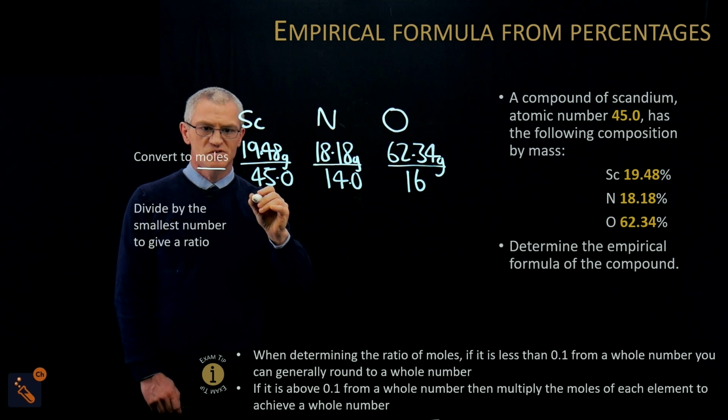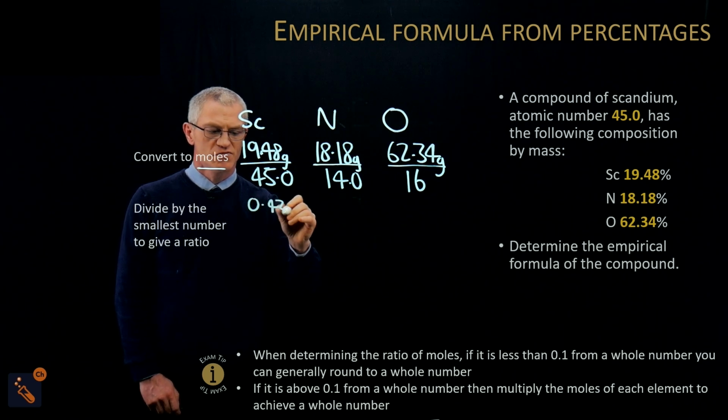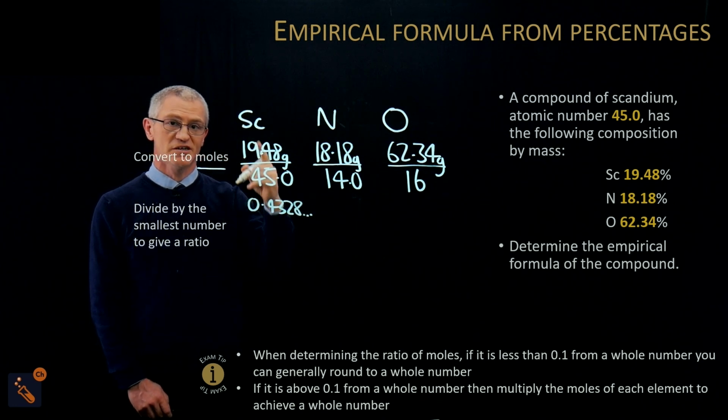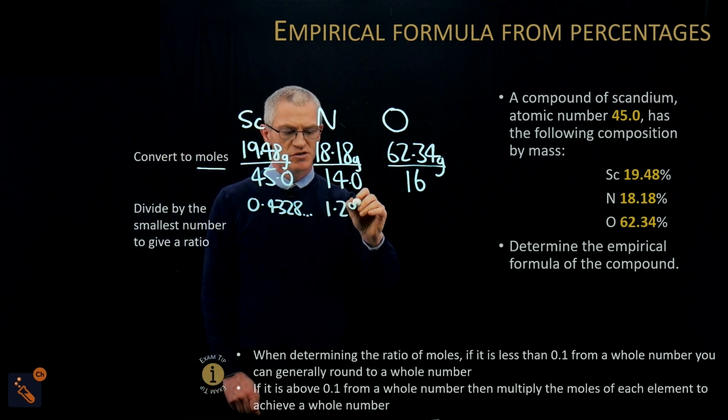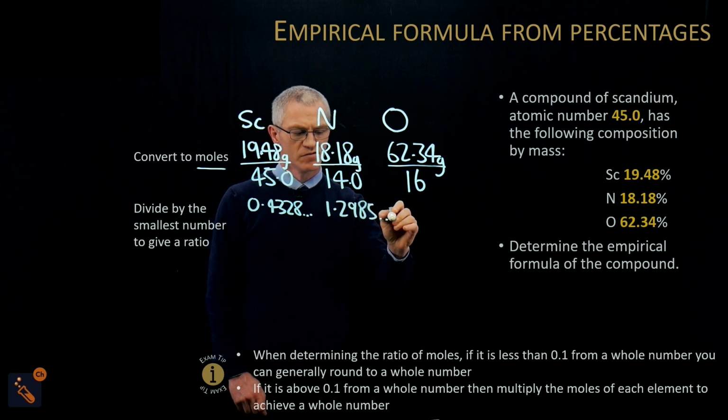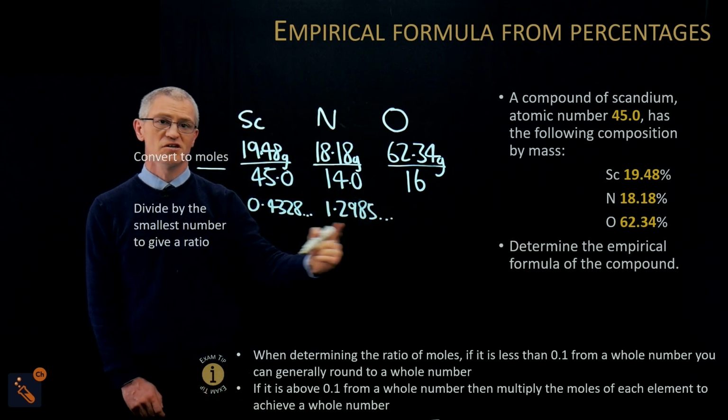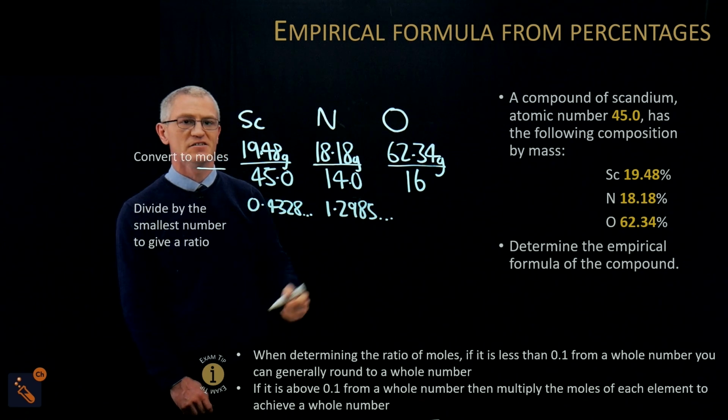So if we go to 0.4328, and that is the number in the calculator from this, 19.48 divided by 45. And then we go to 1.2985. Again, the little dots are just saying this is a long number in your calculator, and keep it in your calculator.